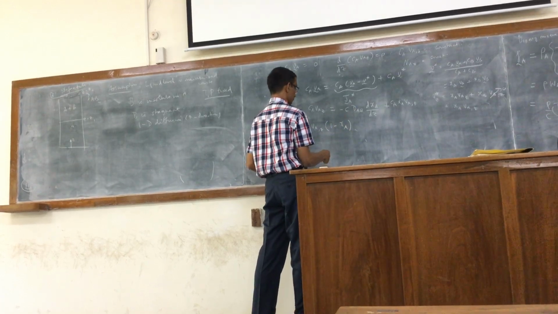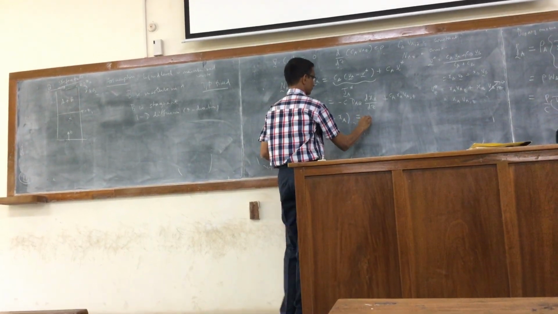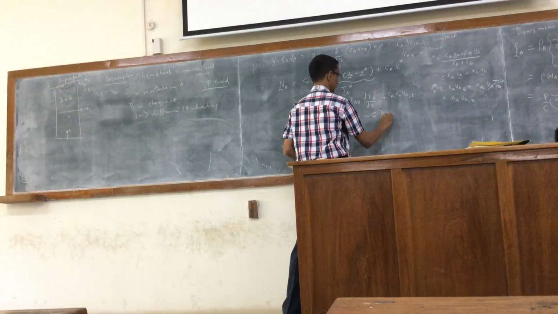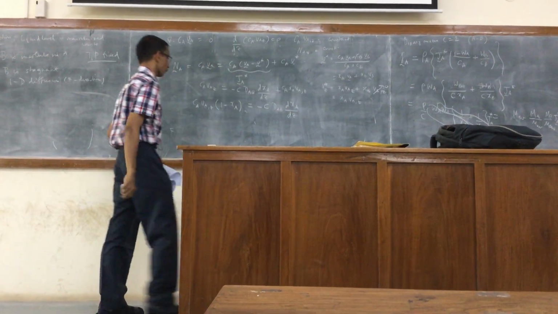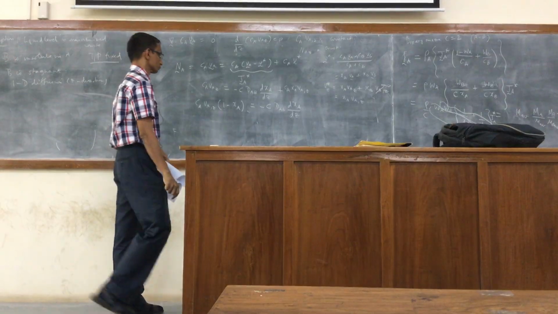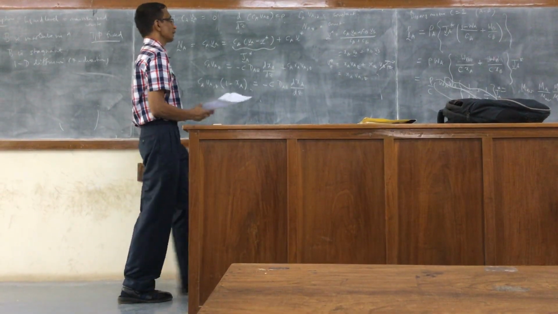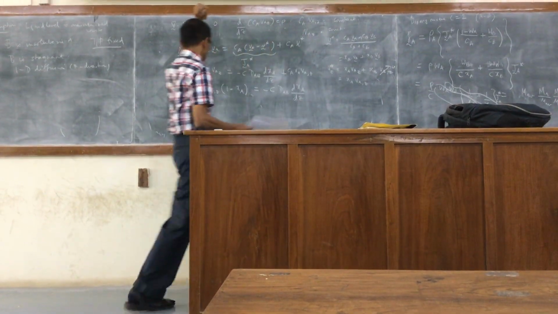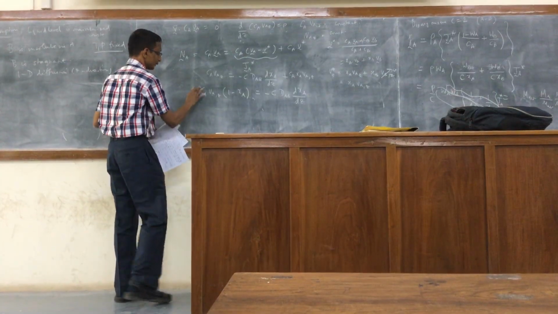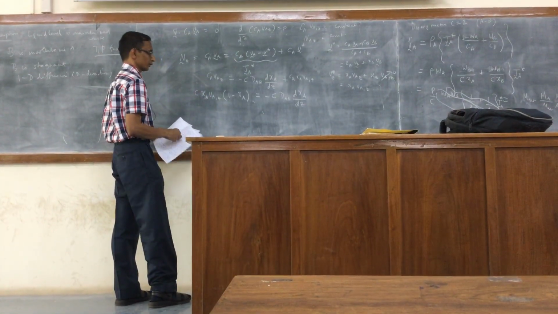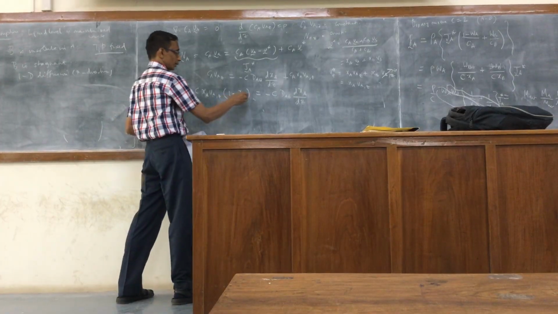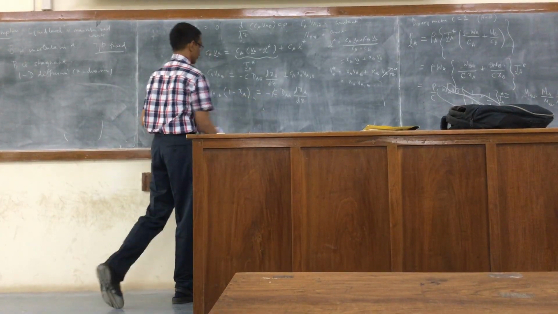CA vAz times (1 minus XA) is minus C D_AB dXA/dz. So CA vAz is a constant, right? So I can write this as C times XA, and so C and C would cancel.